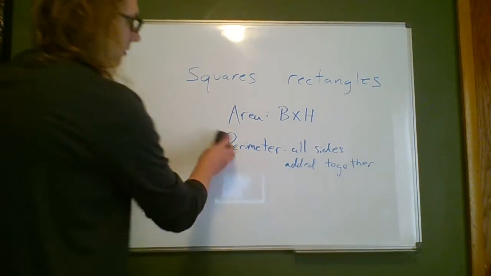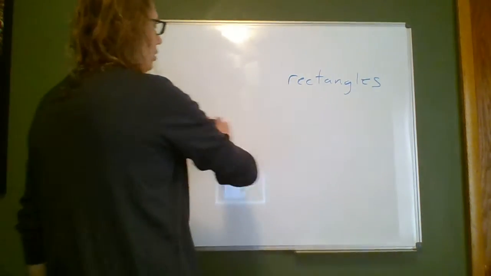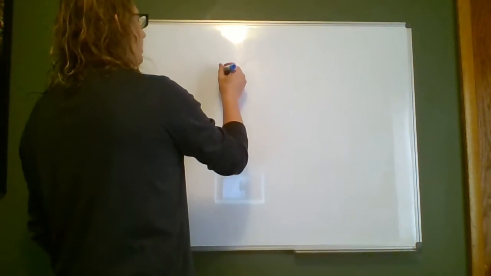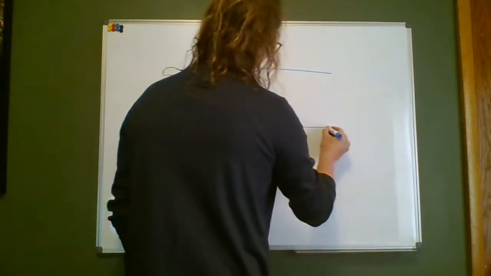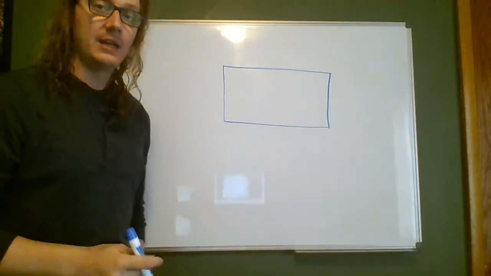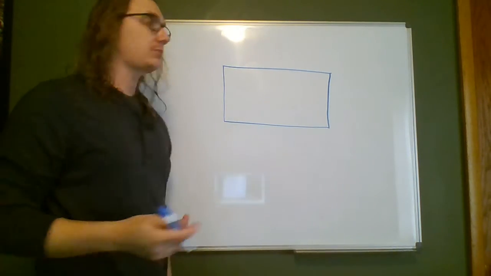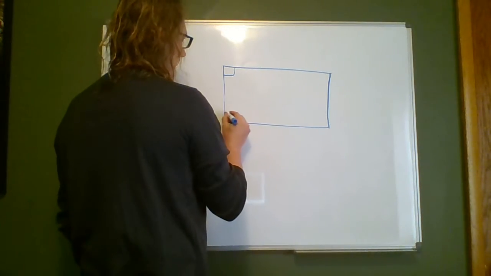I want to start our conversation then with these two shapes, starting with rectangles. Okay, so I'm going to draw us a rectangle. And most of us have a pretty good sense of what a rectangle is and what a rectangle looks like. Okay, but the defining characteristics of a rectangle is it has four sides, it's a parallelogram, meaning that all of the sides are parallel to each other, and we've got four right angles.